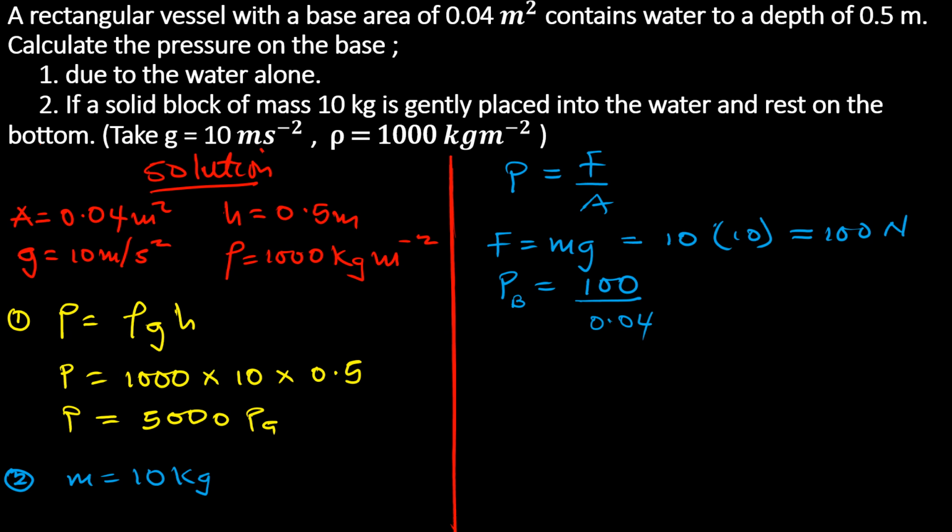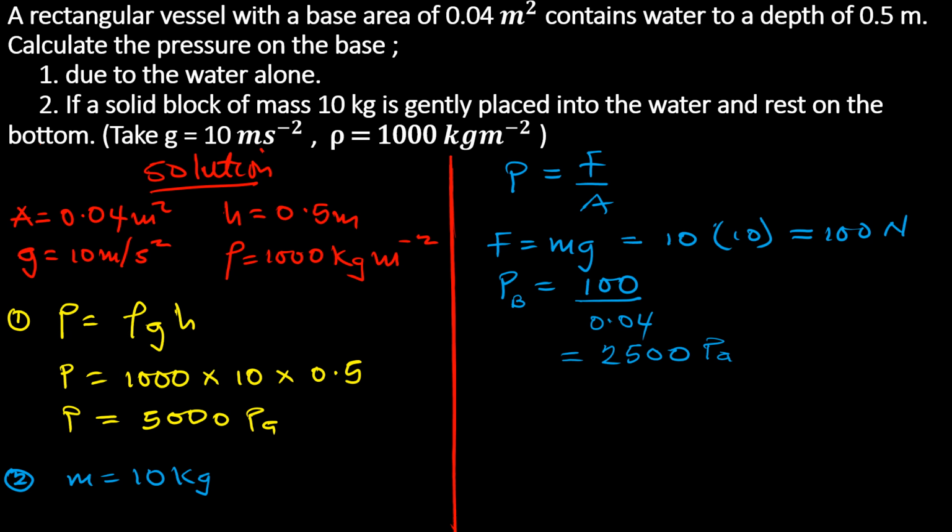Let's use our calculator. 100 divided by 0.04 gives us 2500 Pascal. So this is the pressure exerted by the block.